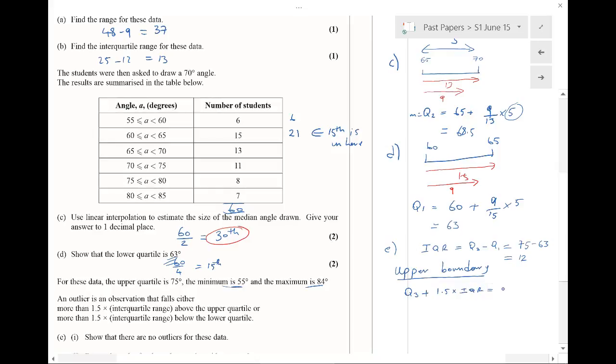And that equals, well, Q3 is 75 plus 1.5 times 12. And that equals 93. But the largest value we're told is 84. So that means there's no large outliers.